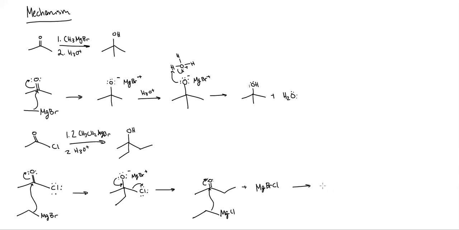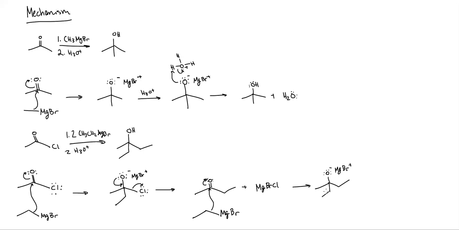And then that's going to form this same intermediate, this O minus, and I add my 2 carbons. And that's MgBr, sorry. So my MgBr there. So now this can't reform because there's no good leaving groups.